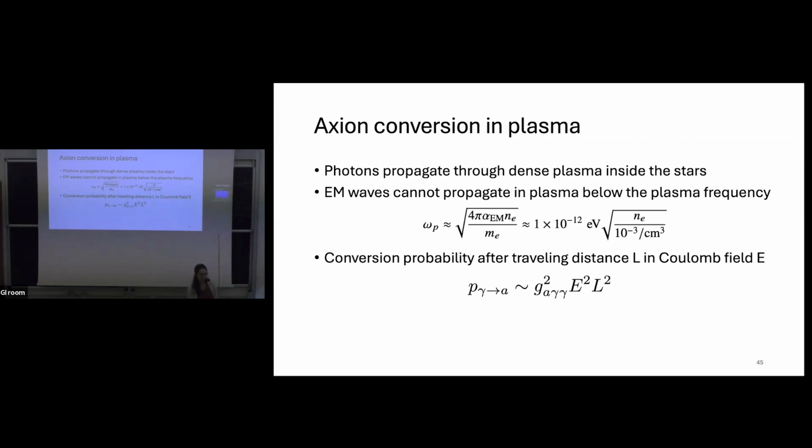Does the presence of electrons or other charge species affect the photons? You can think of that density of electrons as creating this field of virtual photons. The thing I'm not talking about right here is the other couplings of axions.